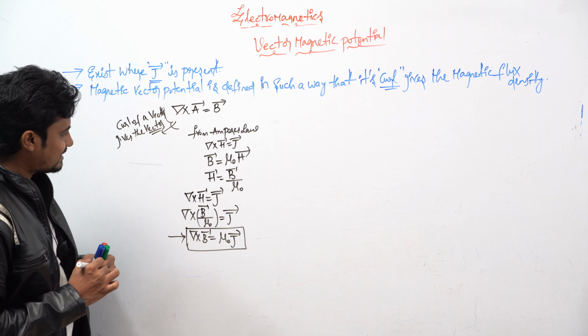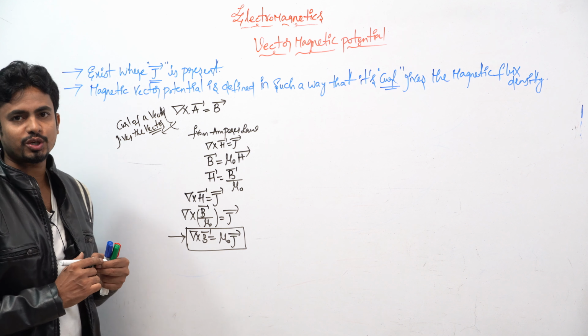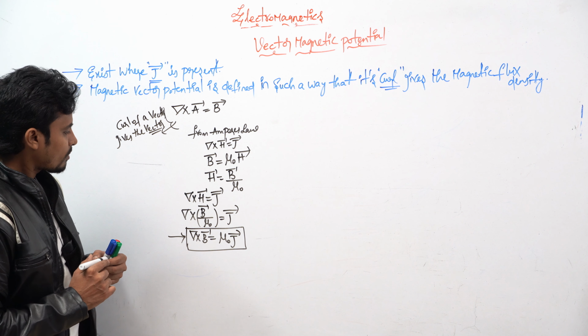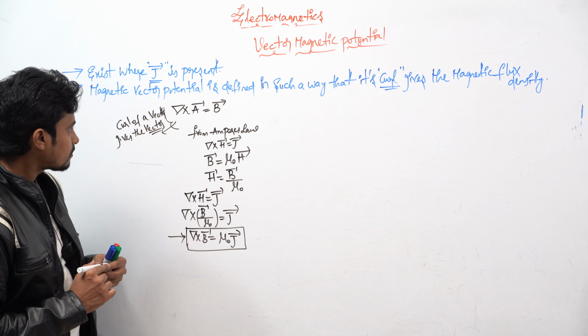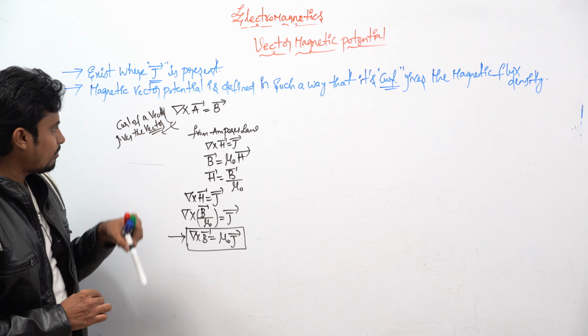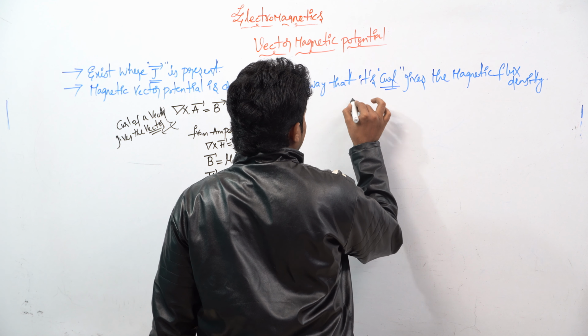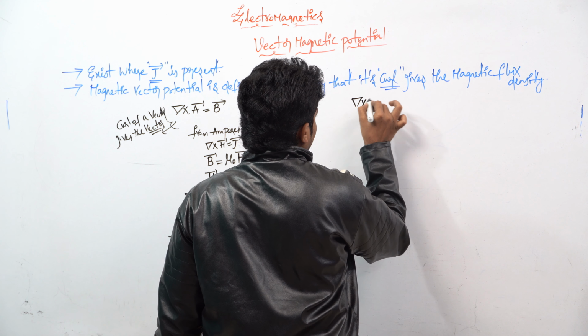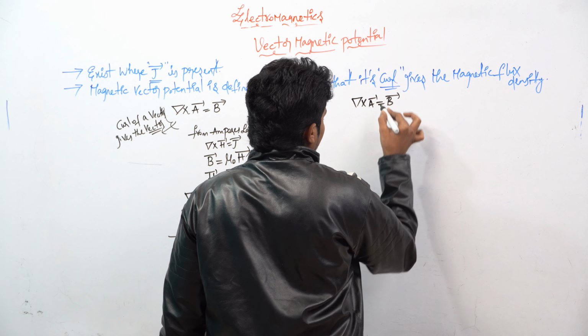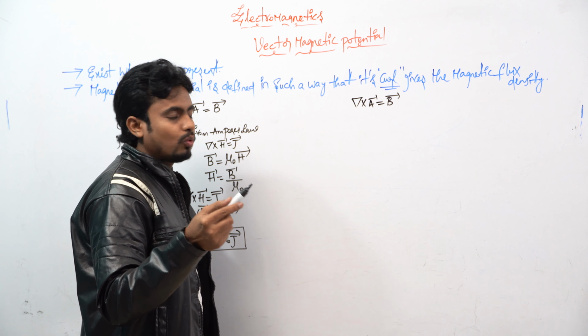Now let's see some more important conclusions whenever we consider the magnetic vector potential. Here, I will consider del cross A bar equal to B bar, right? If del cross A bar equals B bar, and I multiply with the del, what will happen?